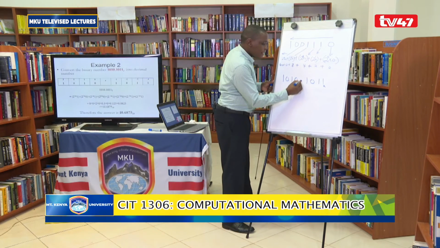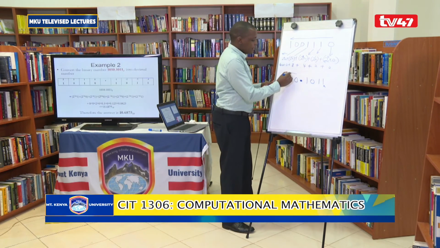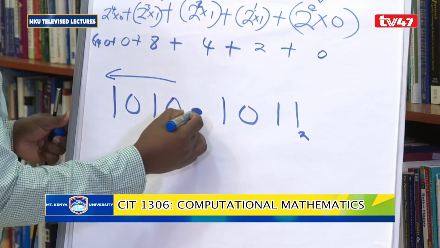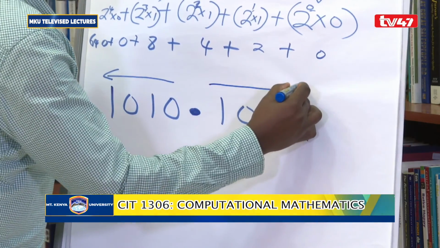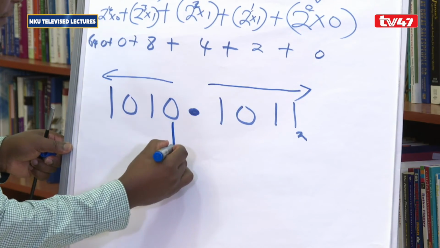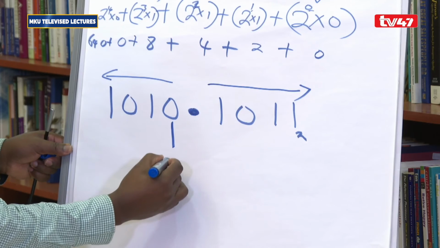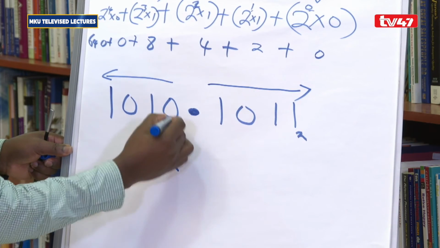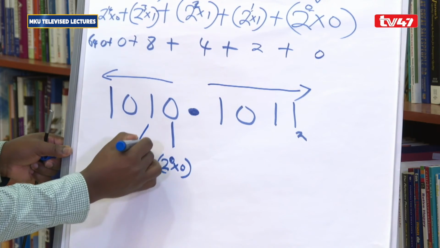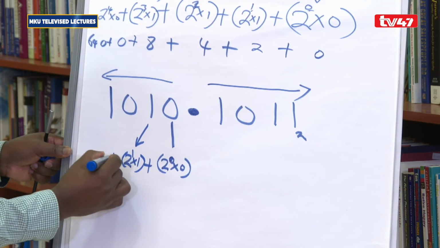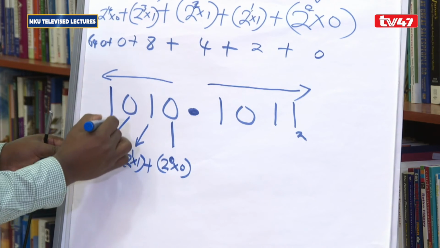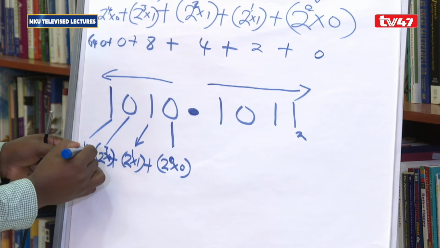From the decimal point towards this side, you expand using base 2, and from the decimal point towards the other side, you expand using the fractional base 2. For instance, on this side, this will be 2 to the power 0 times 0, plus 2 to the power 1 times this 1, plus 2 to the power 2 times this 0, and the last, 2 to the power 3 times this 1.